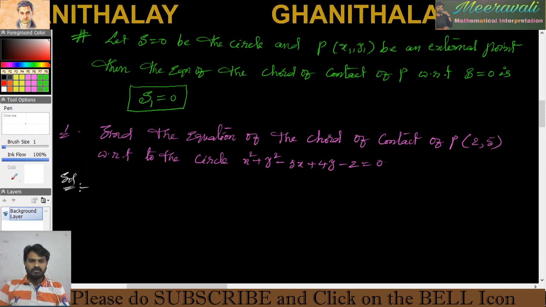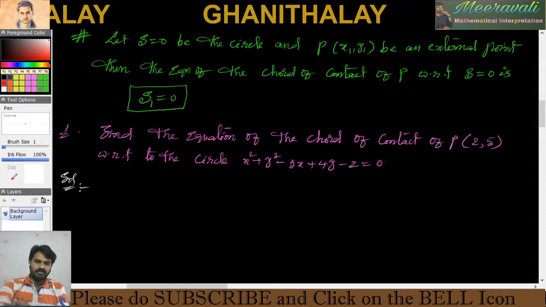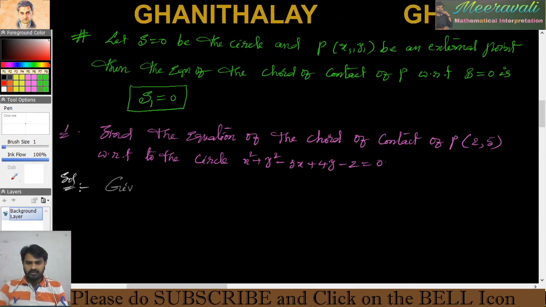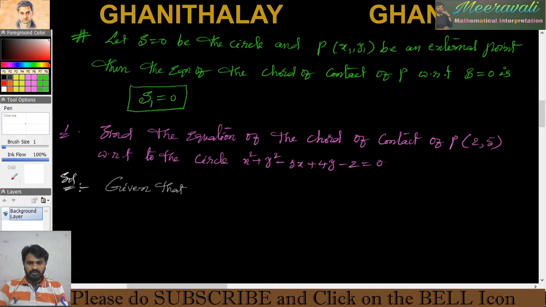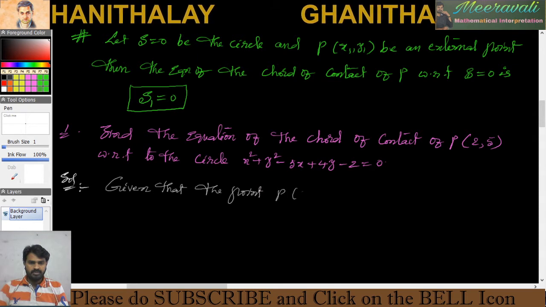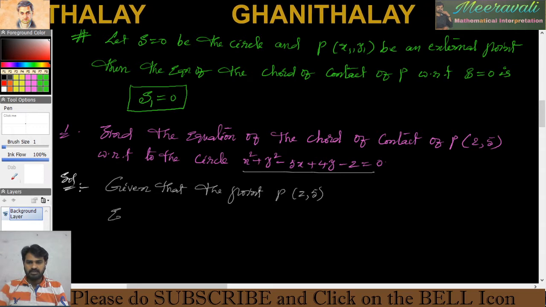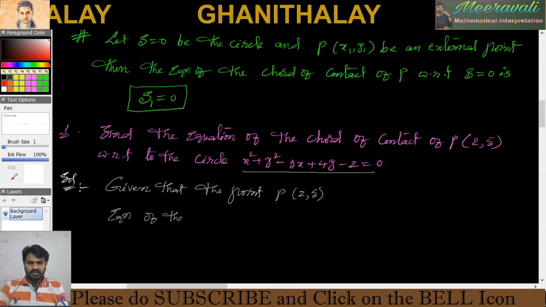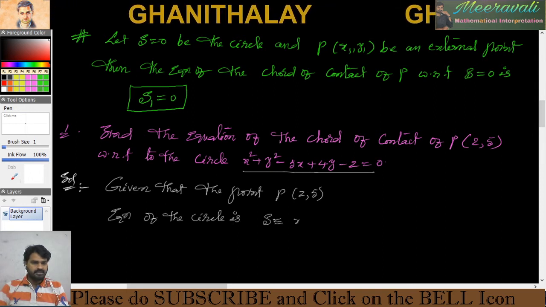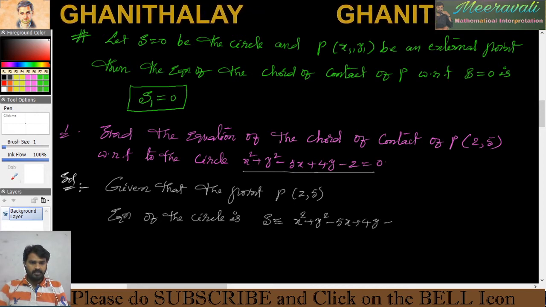Find the equation of the chord of contact of P(2, 5) with respect to the circle x square plus y square minus 5x plus 4y minus 2 = 0. First write what is given. Given the point P(2, 5). Next, we have the equation of the circle S: x² + y² - 5x + 4y - 2 = 0.